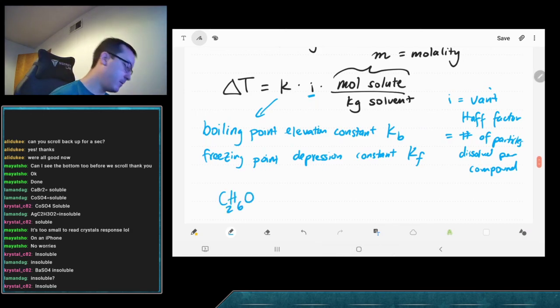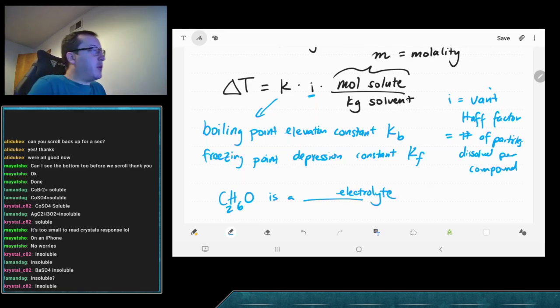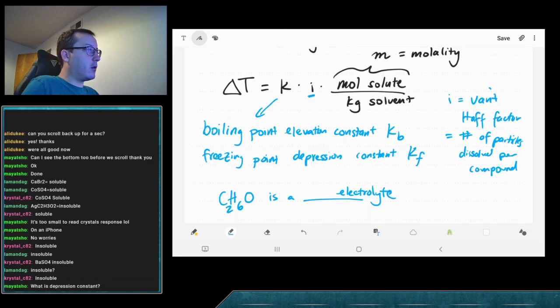Here's ethanol. What do we expect? What type of electrolyte would ethanol be? It is a number that is specific to your solvent.